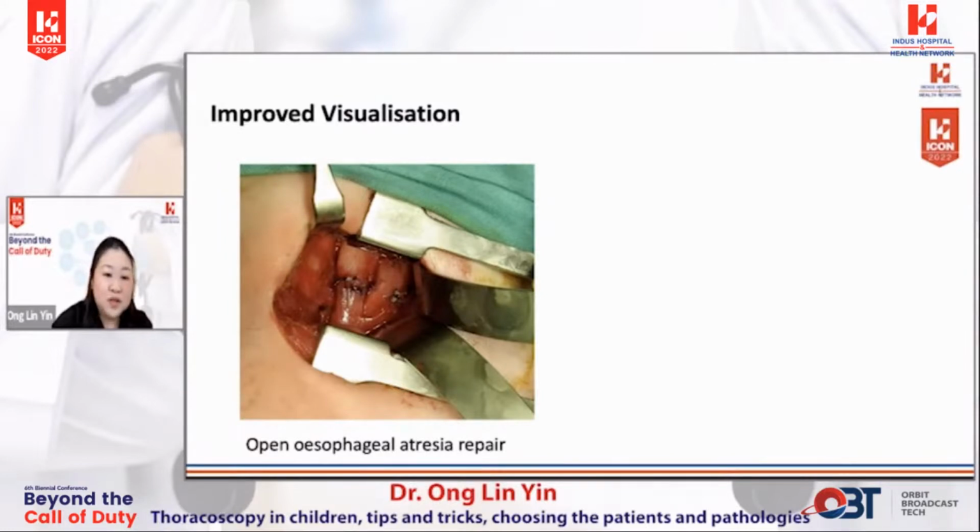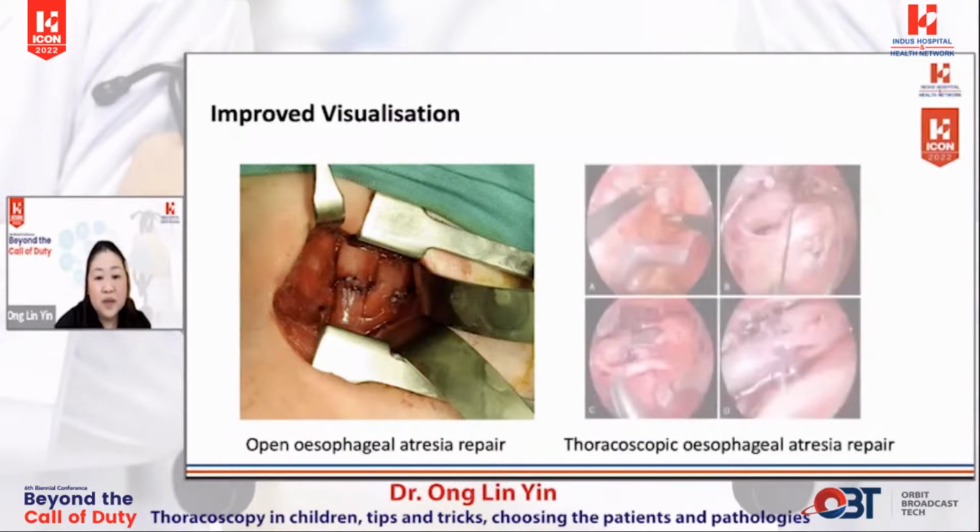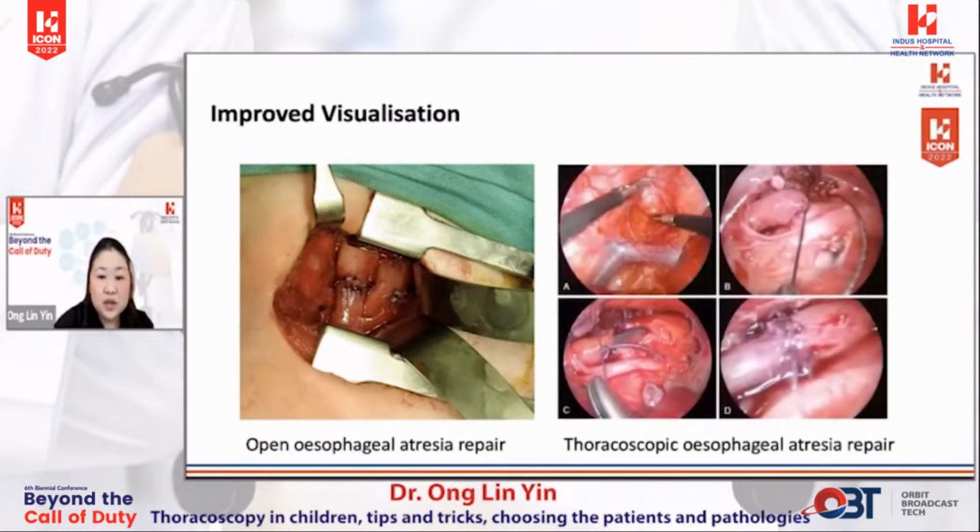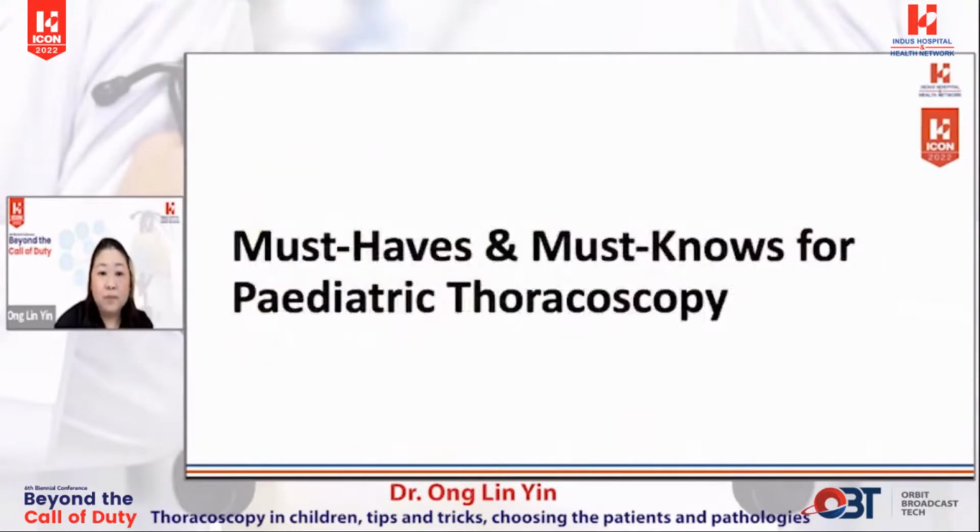On the left, you see the patient with an open esophageal atresia repair, and this is one of the best photos that I've seen in my more than 20 years of practice. On the right, you see the appearance in the thoracoscopic esophageal atresia repair. The magnification and quality is far superior, and you can see why many people would flock towards this form of management.